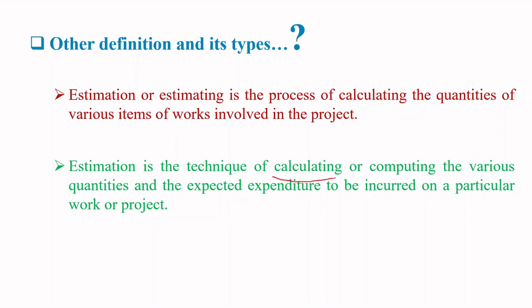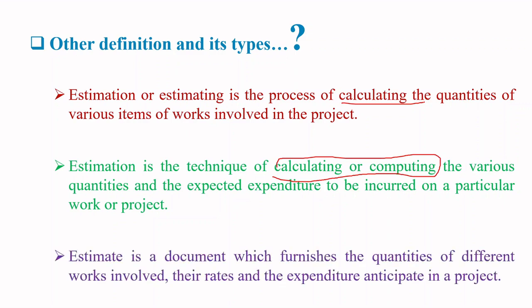See, the word calculating is used numerously. Calculating or computing the various quantities and the expected expenditure to be incurred on a particular work or project. Next, an estimate is a document which furnishes the quantity of different work involved, their rates, and the expenditure anticipated in a project.